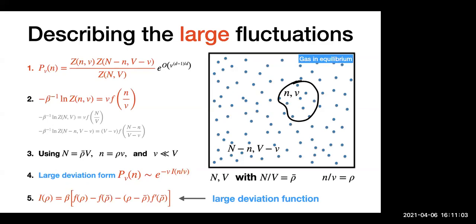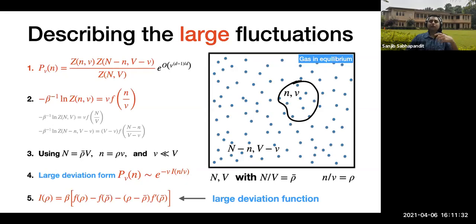Right. So in equation 2, the left hand side has a dimension of energy, and the right hand side. This function of n over v, is it a power? I mean, it cannot be a polynomial, right? Or some complicated function?